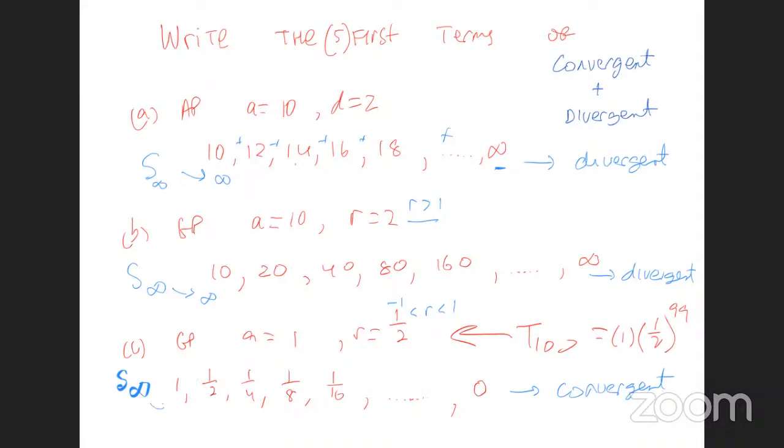So I went through all of that just to say this. For a GP, if R is between 1 and -1, then the sum to infinity will exist.